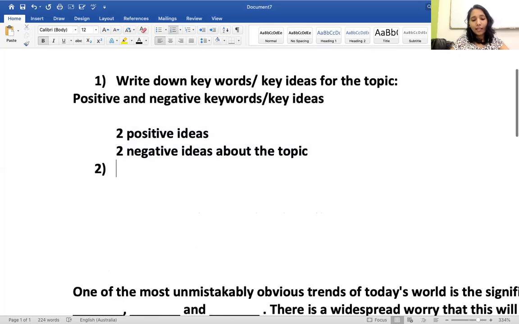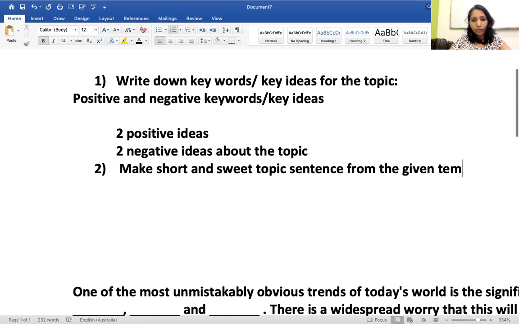So you're given a topic sentence. The topic sentence could be about 30, 40 words. So you can't borrow the same topic sentence. So you make a short and sweet topic sentence from the given topic.